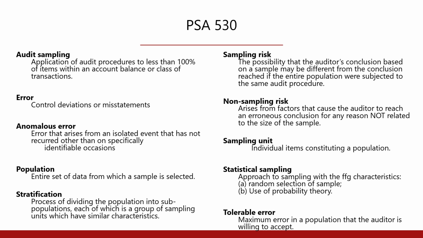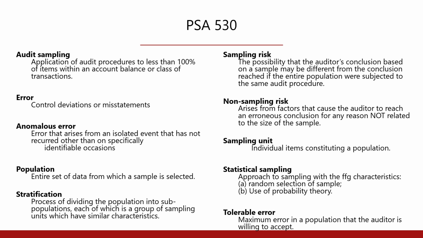And then we also will be encountering the term tolerable error. Okay, tolerable error is the maximum error in a population that you are willing to accept. Tolerable error, because it's error, can further be called tolerable deviation rate or tolerable misstatement. Just think about this as the threshold of deviation or threshold of misstatement with which you are still okay.